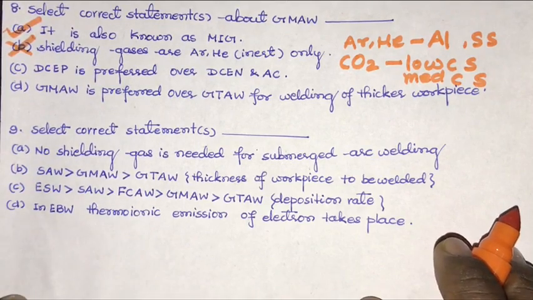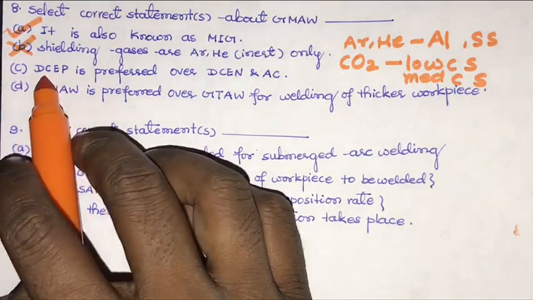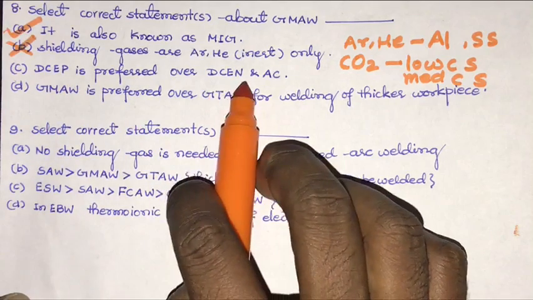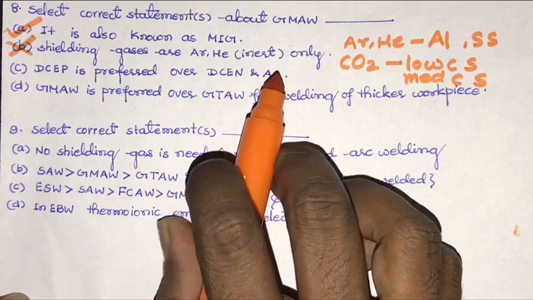Coming to the next: DCEP is preferred over DCEN and AC.